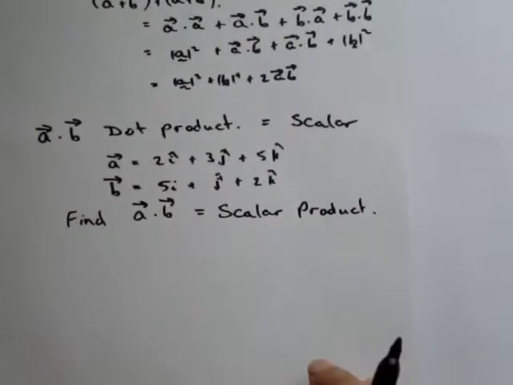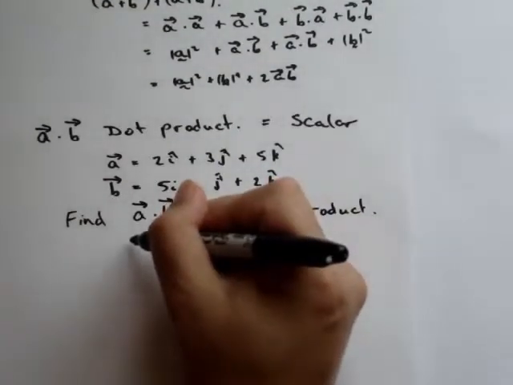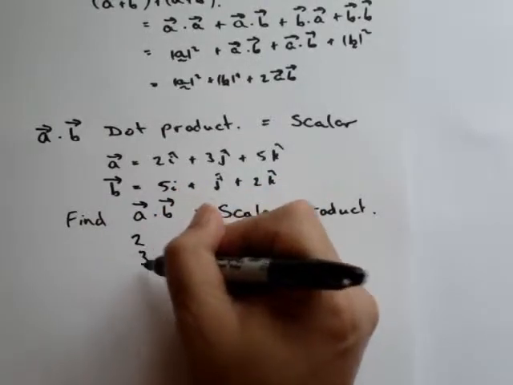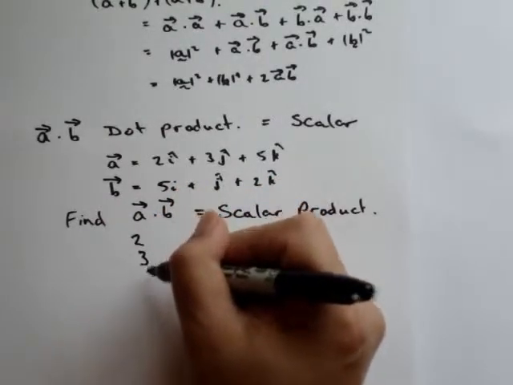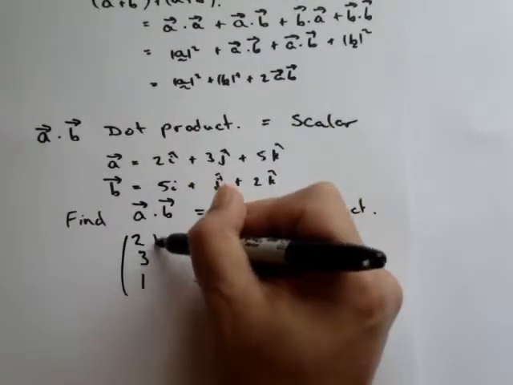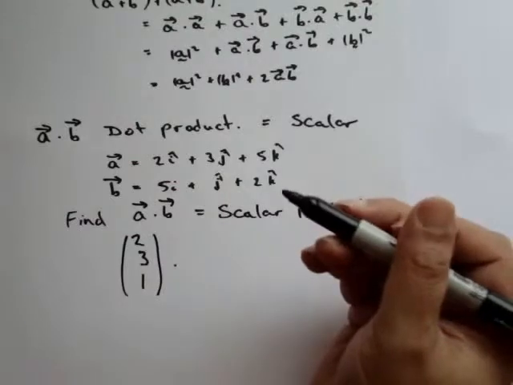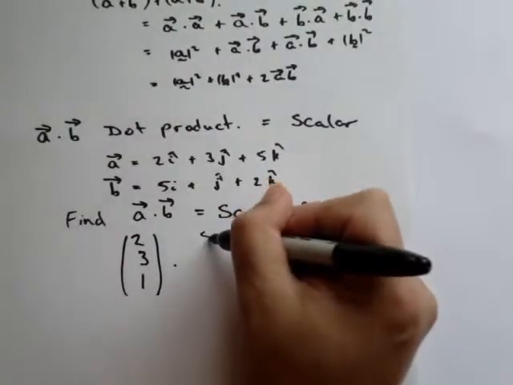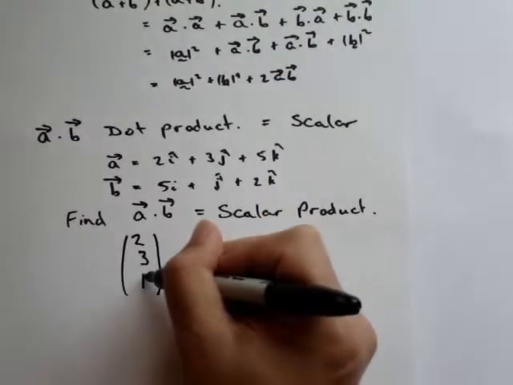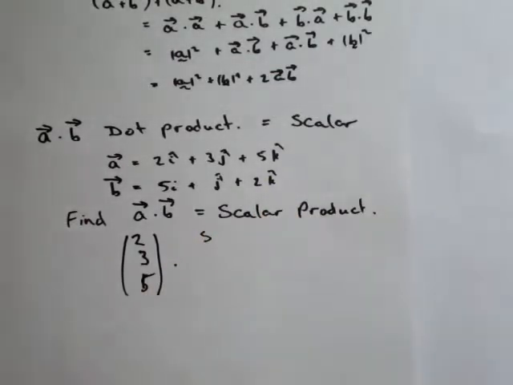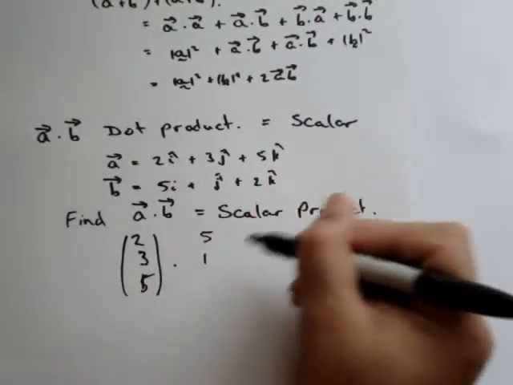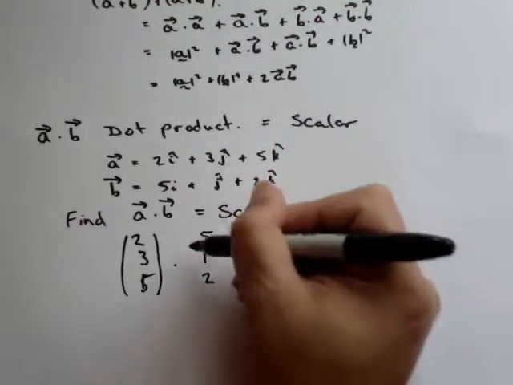So how we do this is we write it in column form. We'd write (2, 3, 5) dotted with our B, (5, 1, 2).